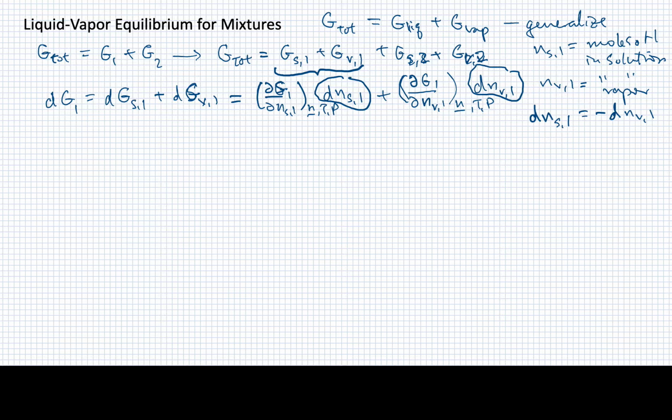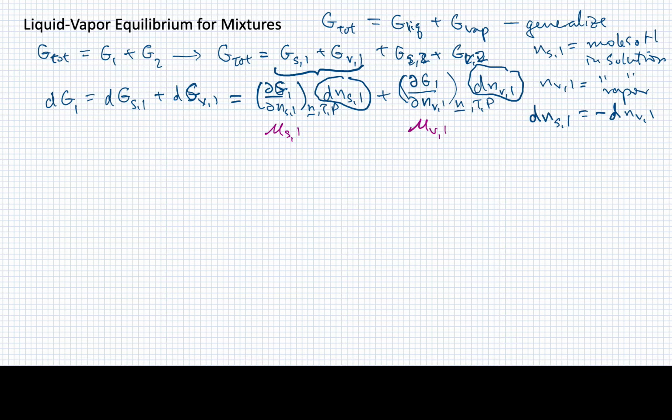I also want to note that these quantities that I have written here, these partial derivatives, are in fact just the chemical potential of component 1 in the solution phase and the chemical potential of component 1 in the vapor phase. All right, so these are things that should look very familiar to us.